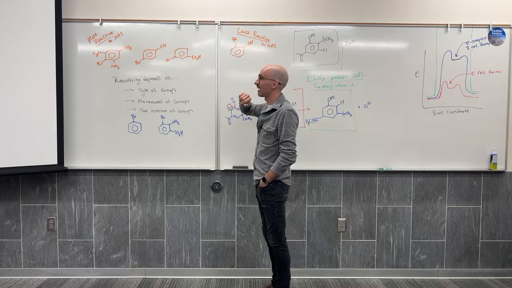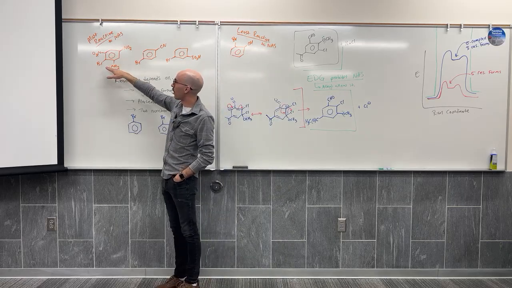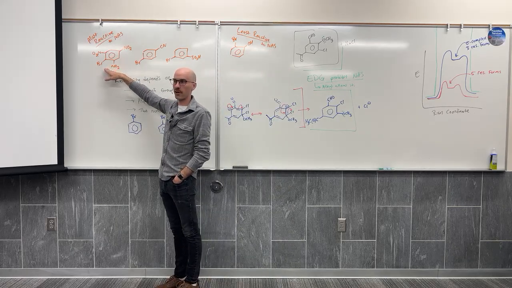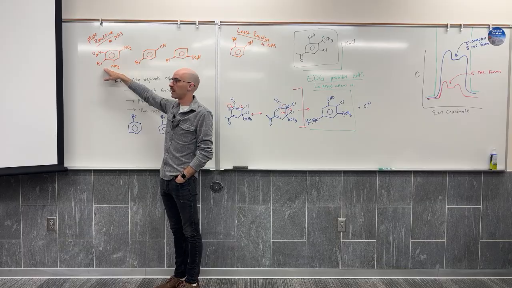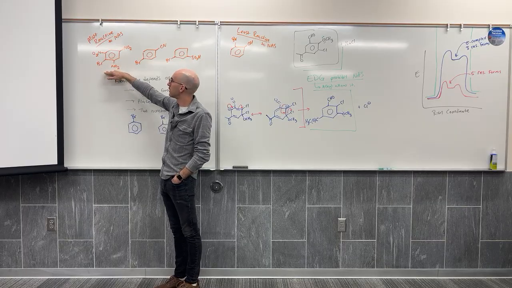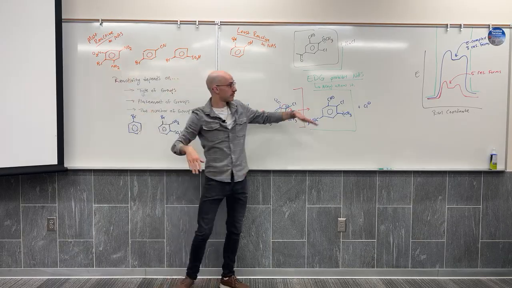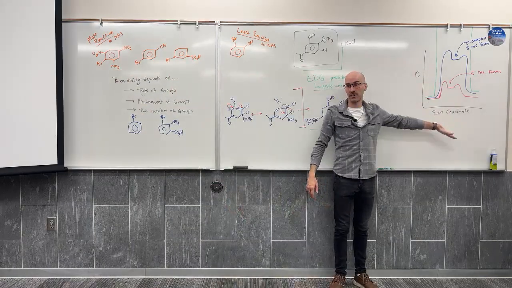And the reason I say that is it's hard to get more electron withdrawing groups on this structure. There are 2 more that we could place, but it's hard to do that. And electron withdrawing groups decrease our activation energy.